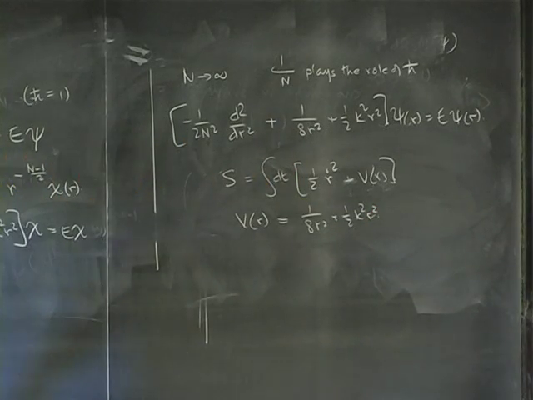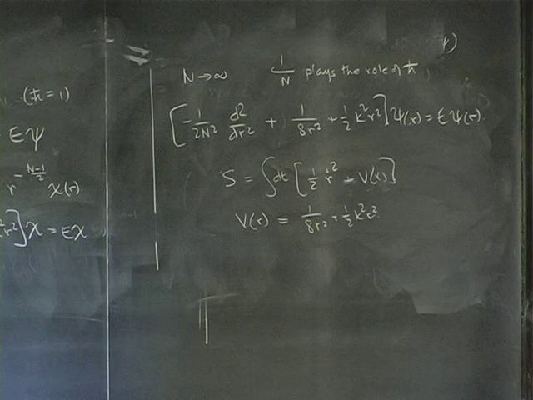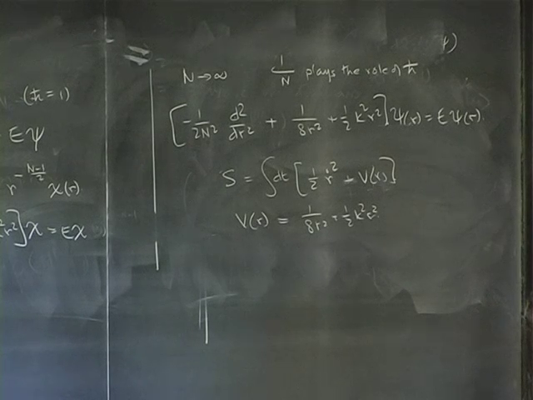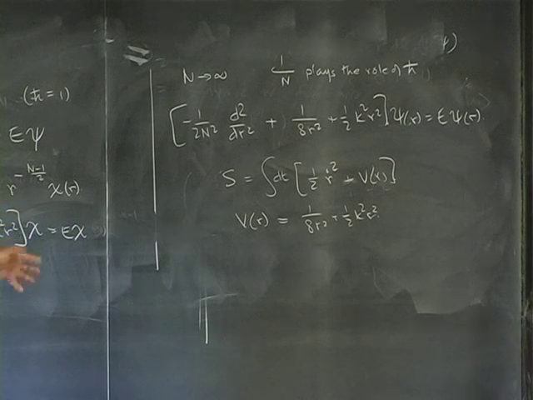So this is one way in which a large n limit is a classical limit. It's quite explicit in this problem.